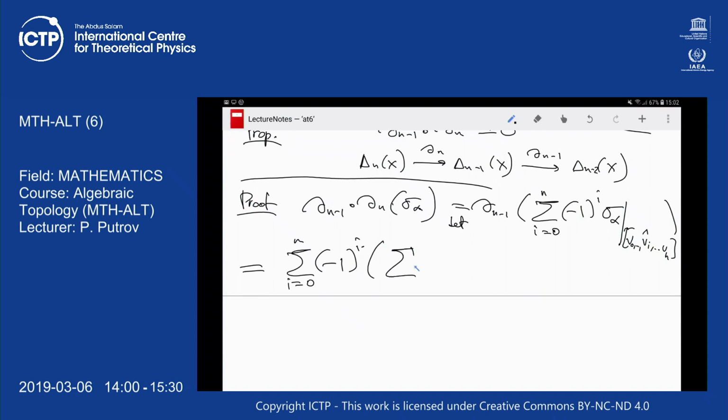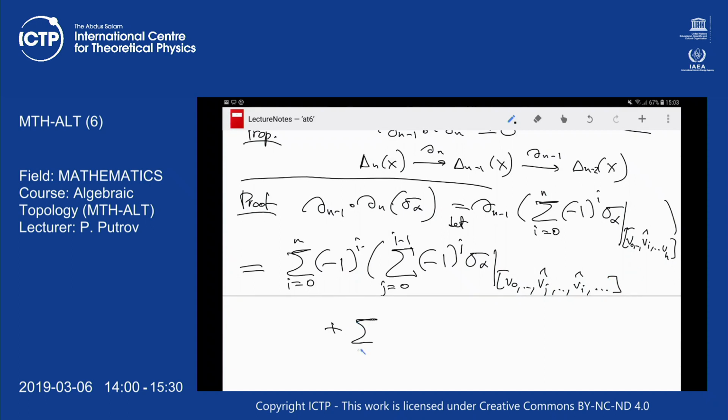So we want to split the sum. We first consider the sum from 0 to i minus 1. This is where we remove the vertex with index j, which comes before the vertex with index i.